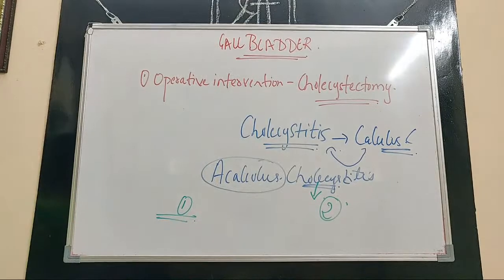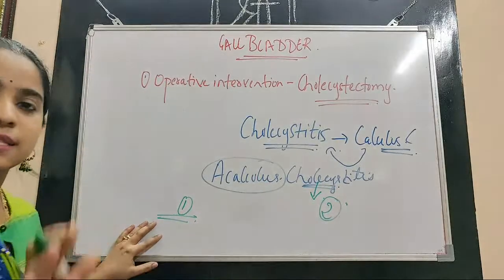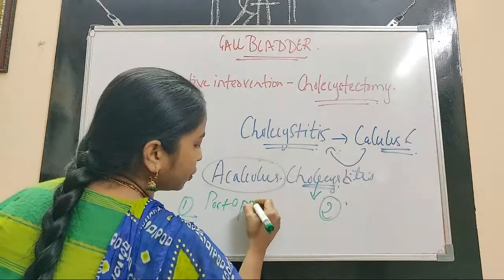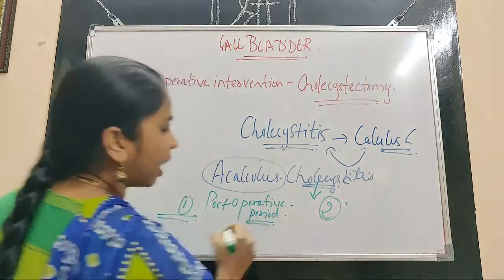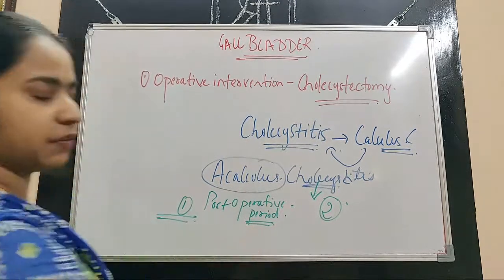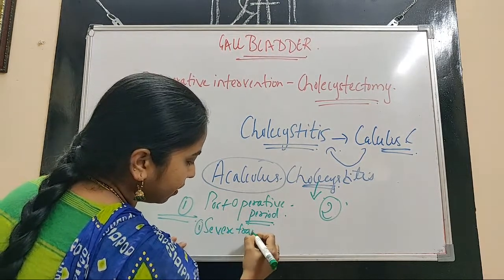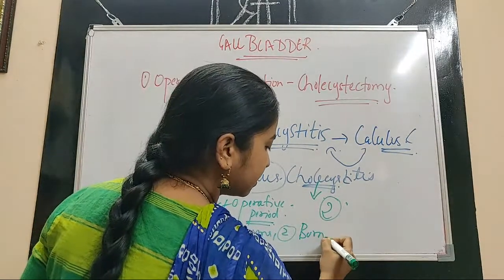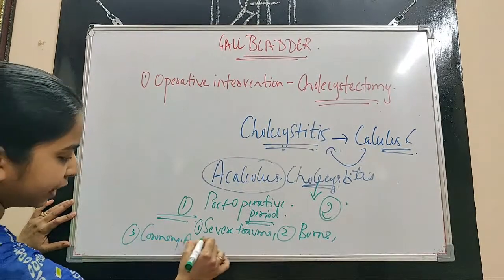The first one is that in around 15% of cases, acalculous cholecystitis is seen in patients in the post-operative period who have undergone serious injuries or serious operative intervention, like in cases of severe trauma, after being treated for severe burns, and in patients who have undergone coronary artery bypass.